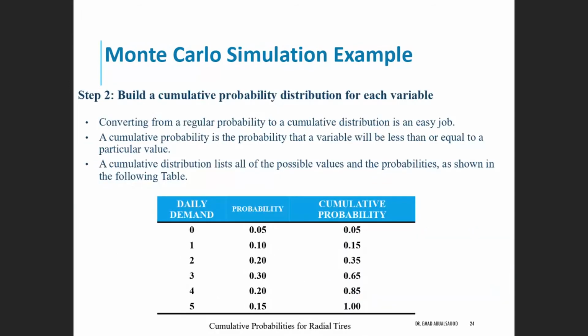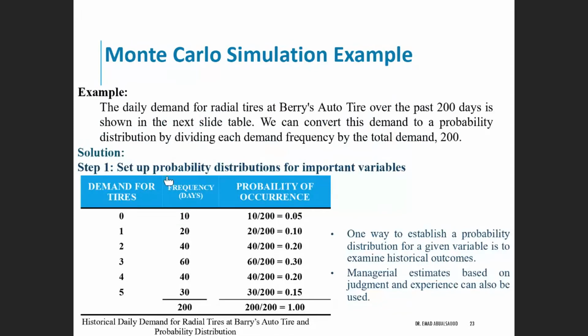Moving to the second step in solving, the problem asks you to conduct the Monte Carlo simulation. You build a cumulative probability distribution for each variable. What does it mean? The cumulative probability is different than the probability distribution. What is the cumulative?